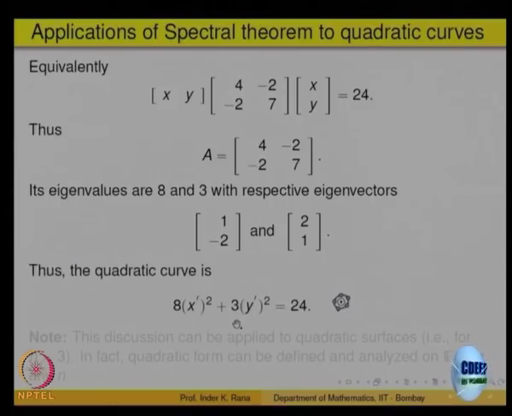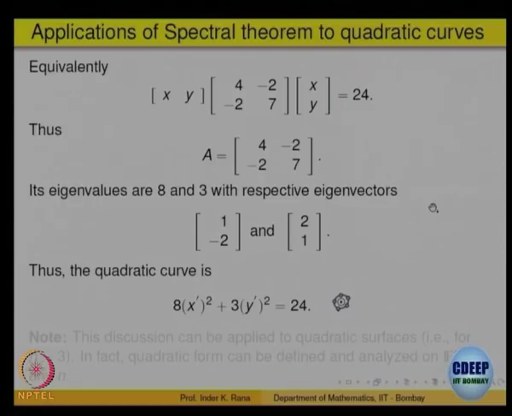So that is your curve in the transformed form, in the new variables x dash, y dash, where if you look at this matrix P, combining first row and second row applied to x y gives x dash y dash, your new variables.